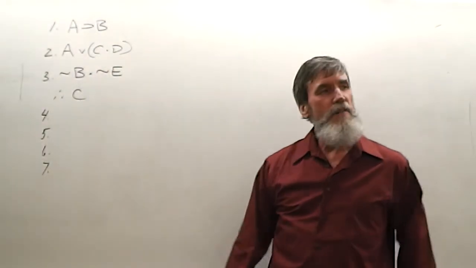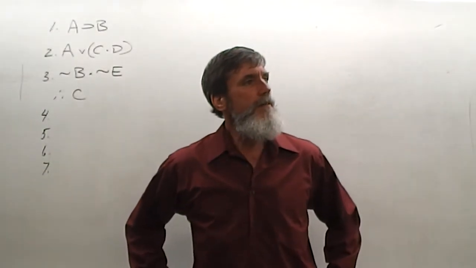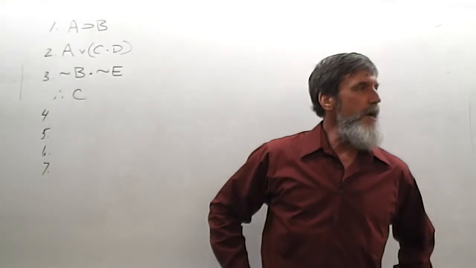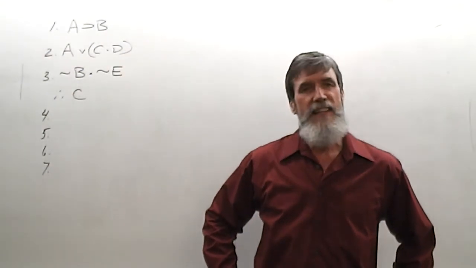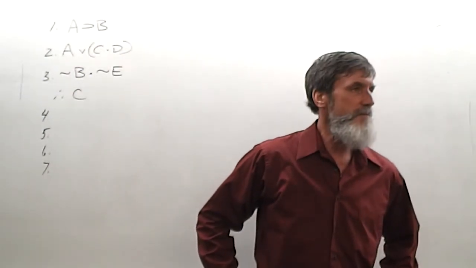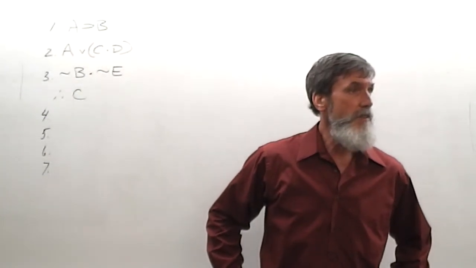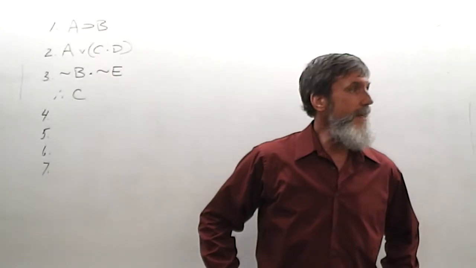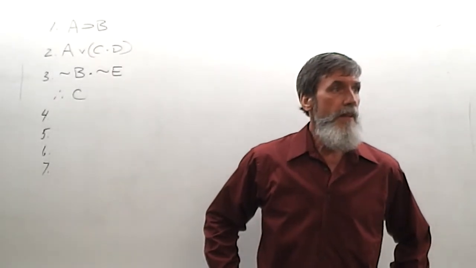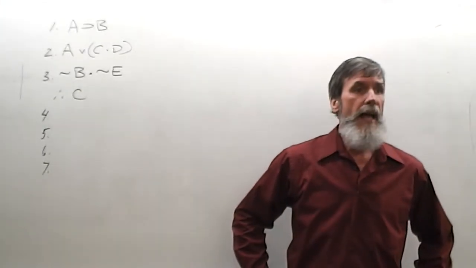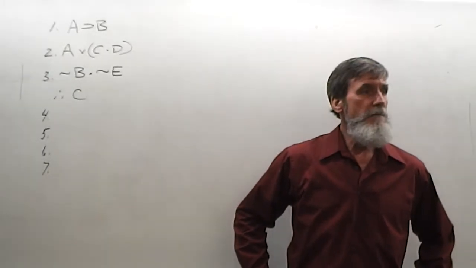Now, I don't know if I've ever mentioned this, but if a conclusion does exist somewhere in the premises, it's not 100% of the time that it's going to be extracted. It's almost 100% of the time. But until you find out that it can't be done, if the conclusion does exist in the premises, that's your plan, to extract it.